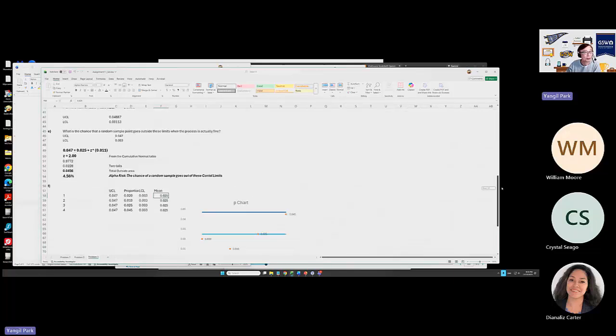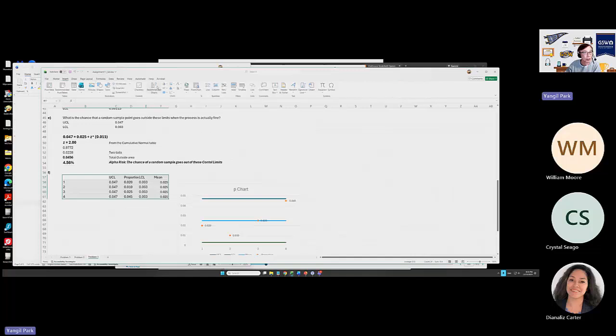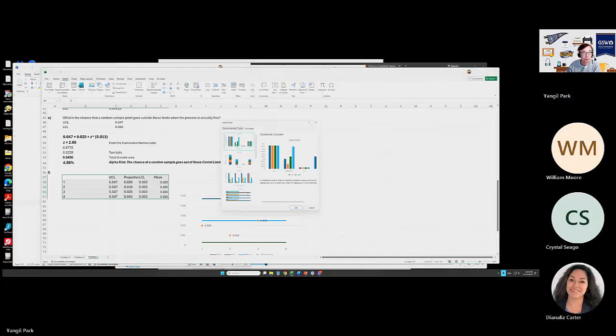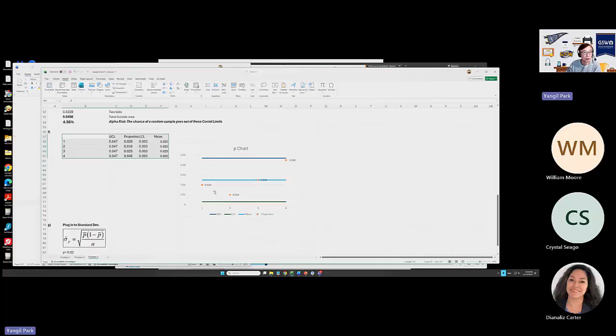That's the sample mean. So we again just plot: insert, recommended chart, where's the line? So I use that just like before. Then I separated that proportion. That's what we're working with, and make sure they are within or outside of limits. Looks like they're all within the limits, so they are okay.